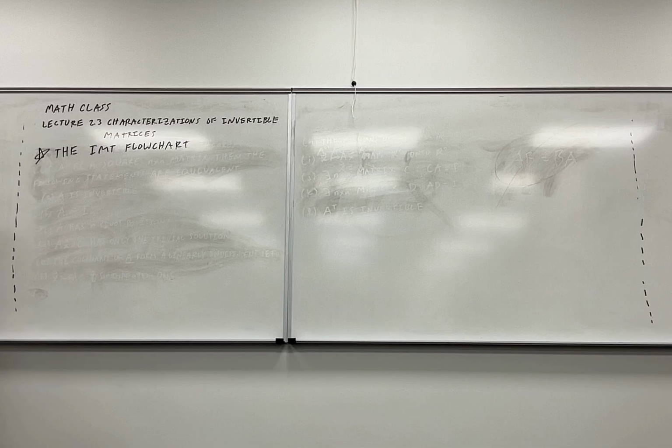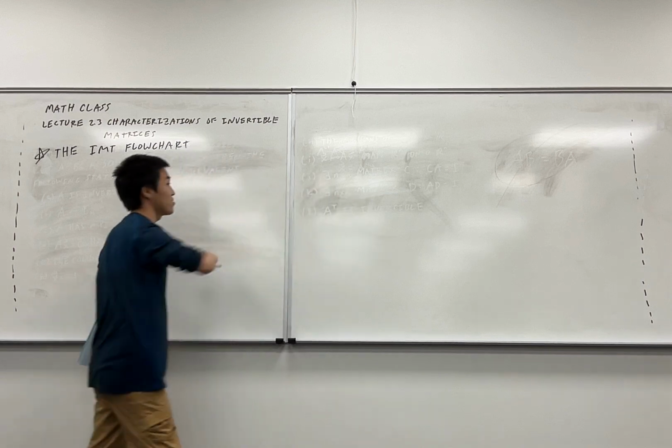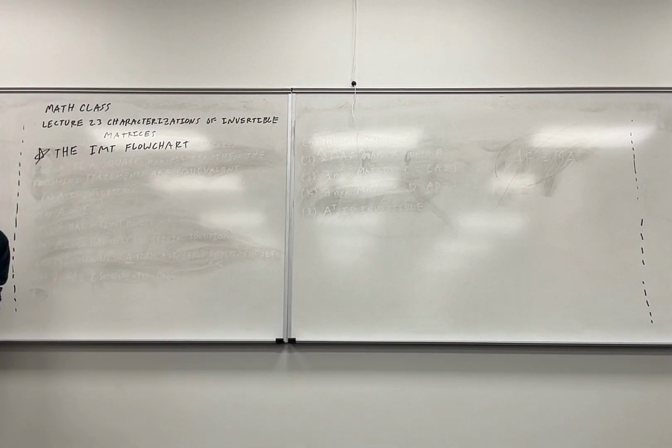Is this going to be like a half page or a full page? I'm going to probably use both sides of the board here. Do I flip it over? Yeah, fresh page.